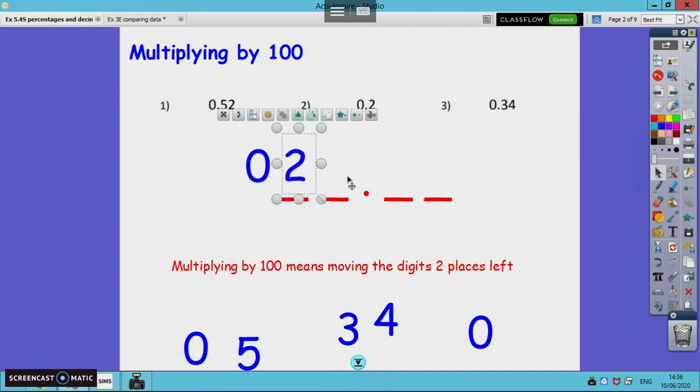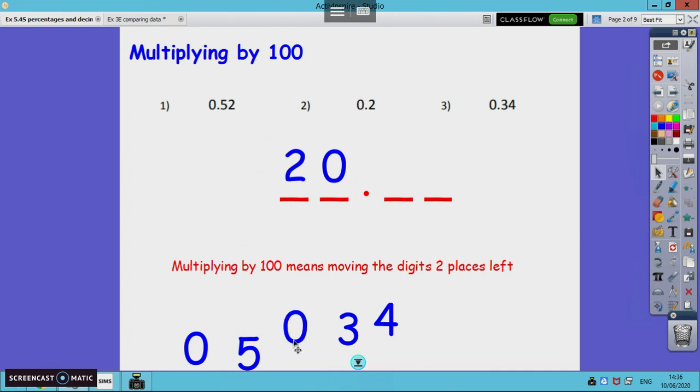Okay, we've got something missing here. We've got nothing in that space. What do we need to put in there? Well, we need to put a 0 in there to fill in that space. So 0 goes there. Now, do we say 0.20? No, we don't. So we get rid of that 0 at the start, and our answer is just 20. So 0.2 times by 100 is 20.